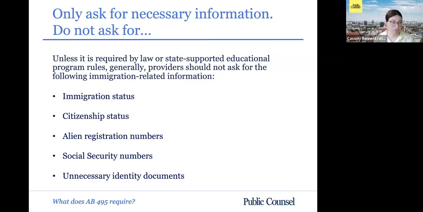Do not collect information about immigration status, citizenship status, alien registration numbers, social security numbers, or any unnecessary identity documents. Next slide, please.